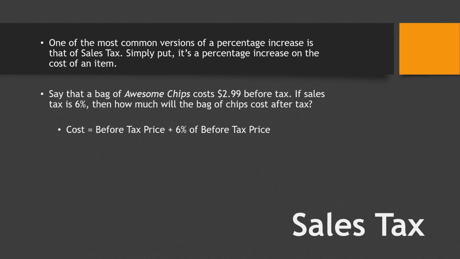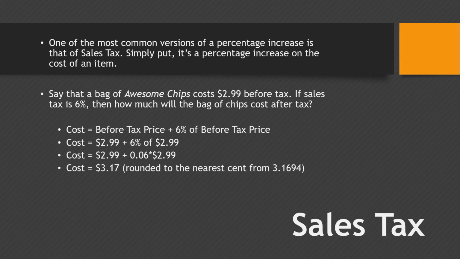So the cost is just the before tax price plus 6% of the before tax price. So in this case, it's $2.99 plus 6% of $2.99. And we're adding because it's a tax. It's an additional thing. So our cost is then $2.99 plus 0.06 times $2.99, which is just $3.17. I rounded it from 3.1694.